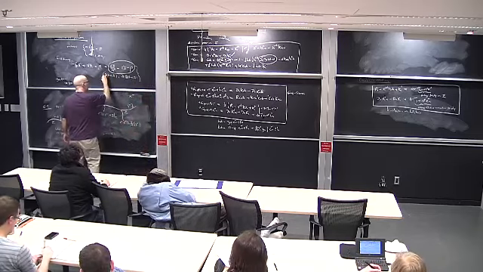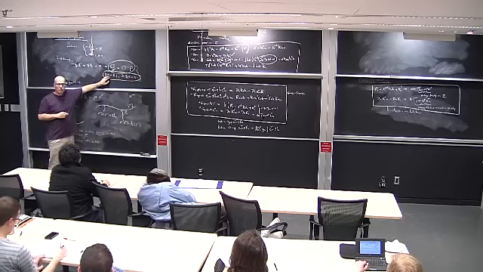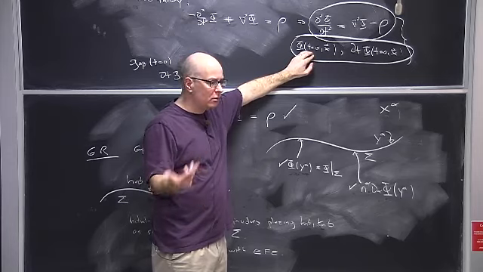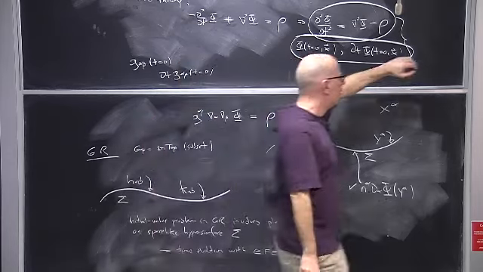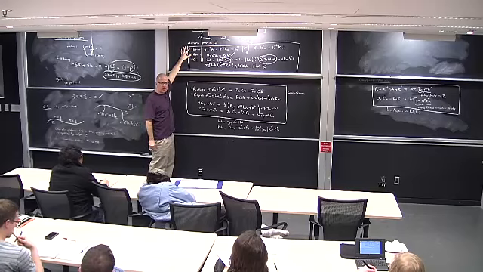What plays the role of this and this is H and K, but unlike the situation here, H and K have to be solutions to the constraint equations, which are derived from those components of the Einstein field equations.